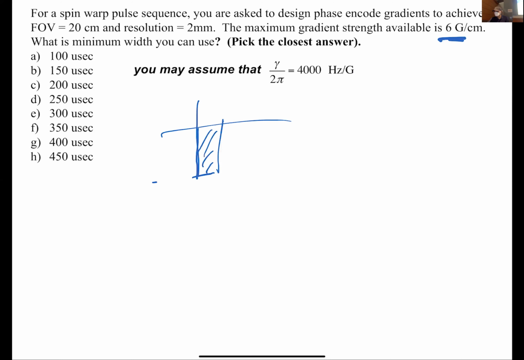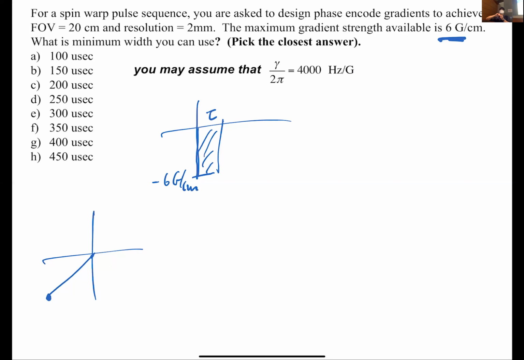So minus 6 Gauss per centimeter in that direction, to get us out to some initial point in k-space, right? The job of this gradient is to move us out to some point in k-space. If we use the full gradient, that's going to move us out to that far point in k-space. And then we're trying to figure out what this tau is.